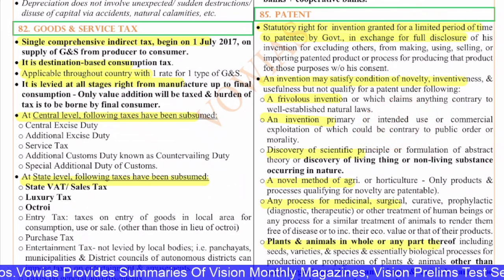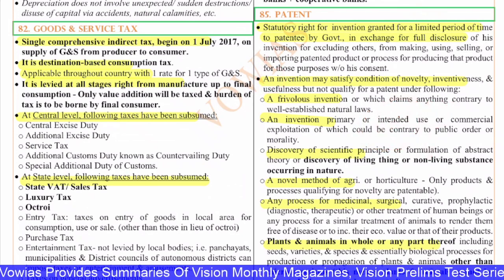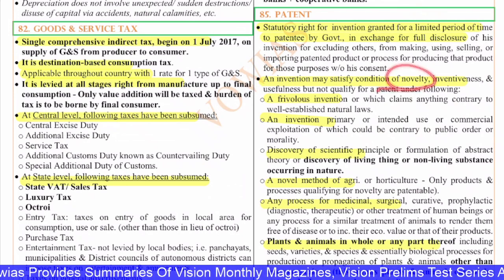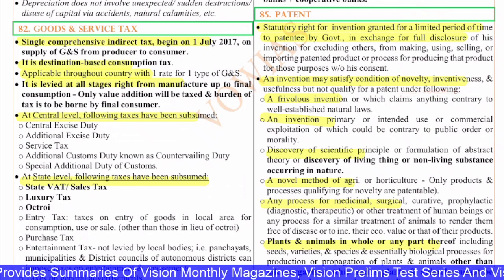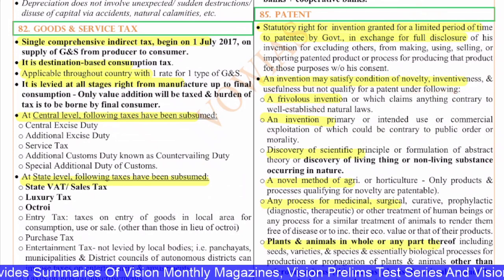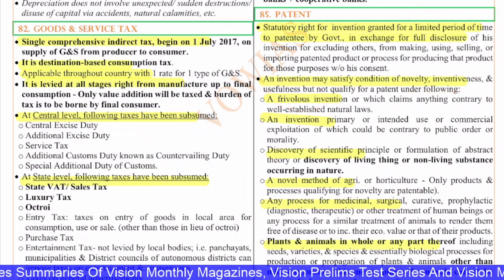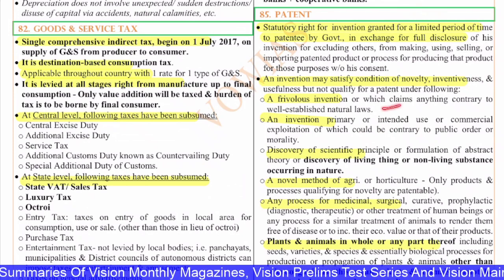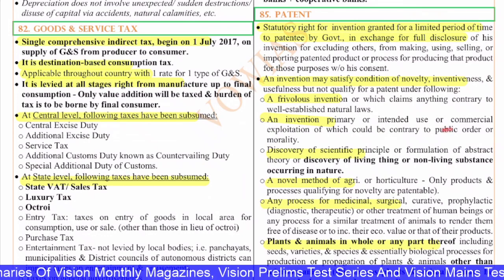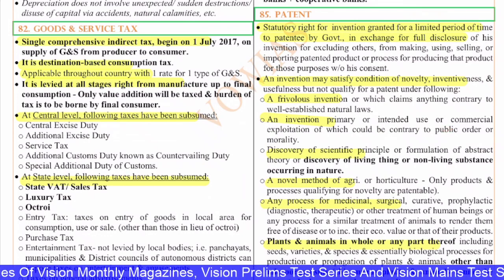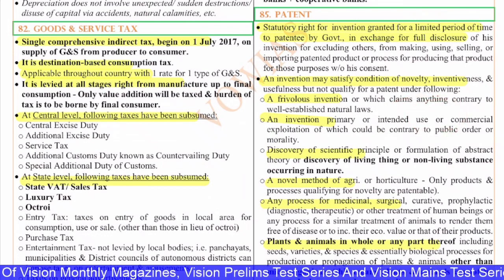An invention may satisfy the conditions of novelty, inventiveness and usefulness, but not qualify for a patent under the following conditions. First is a frivolous invention, or one which claims anything contrary to well-established natural laws. An invention whose primary or intended use or commercial exploitation could be contrary to public order or morality.